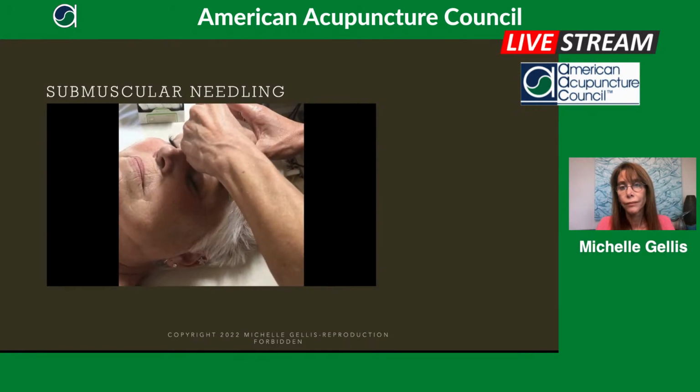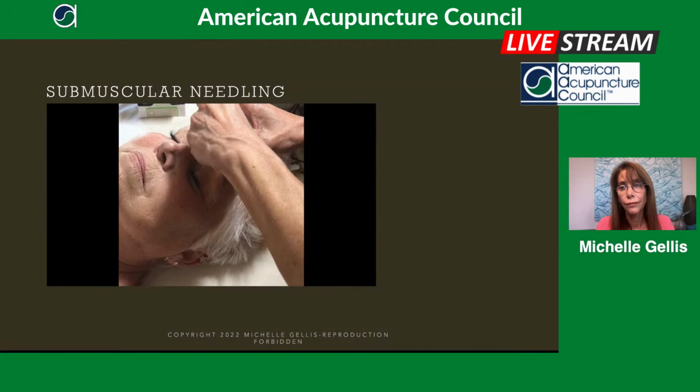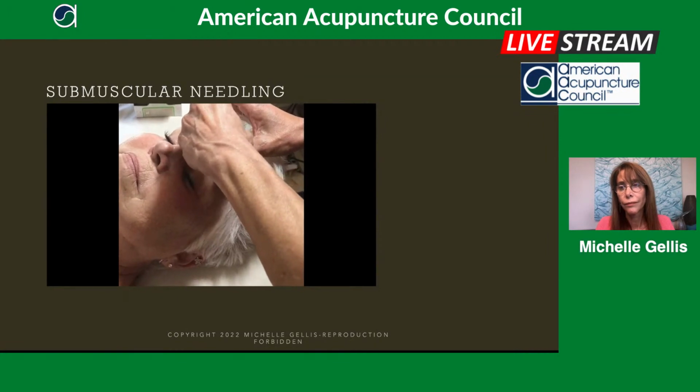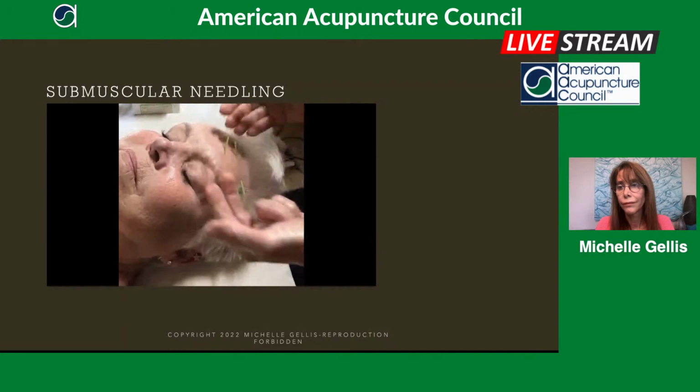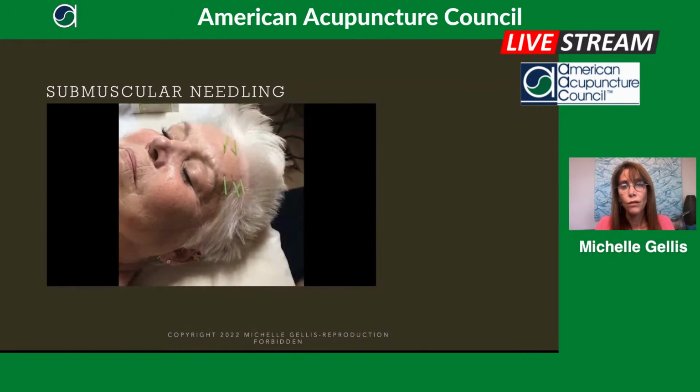And I'm using 1/2-inch needles. You can use 1-inch needles depending on how big your patient's forehead is. So you just get all the way down underneath the muscle and isolate the muscle and needle right underneath it.